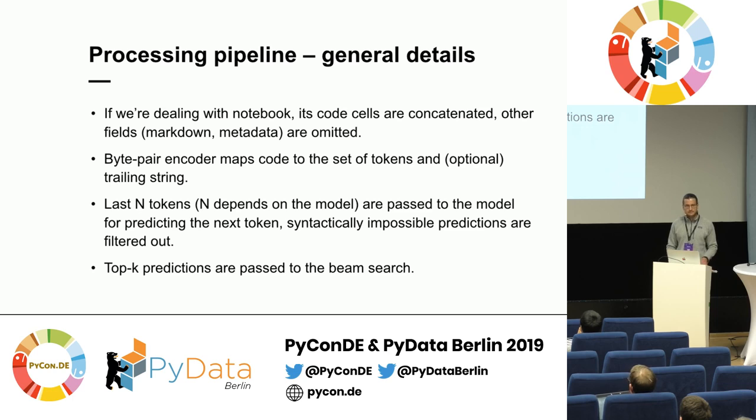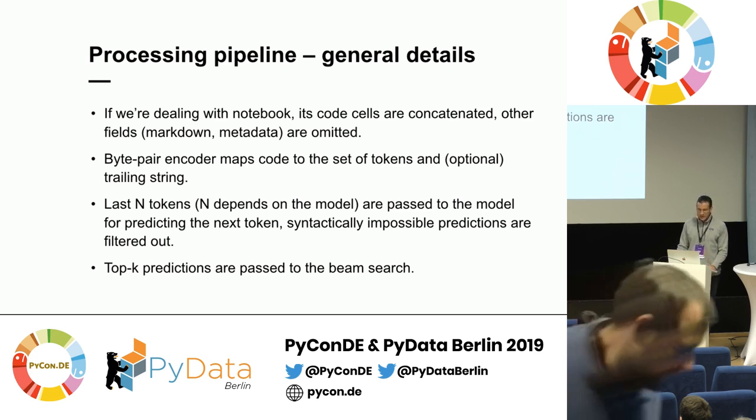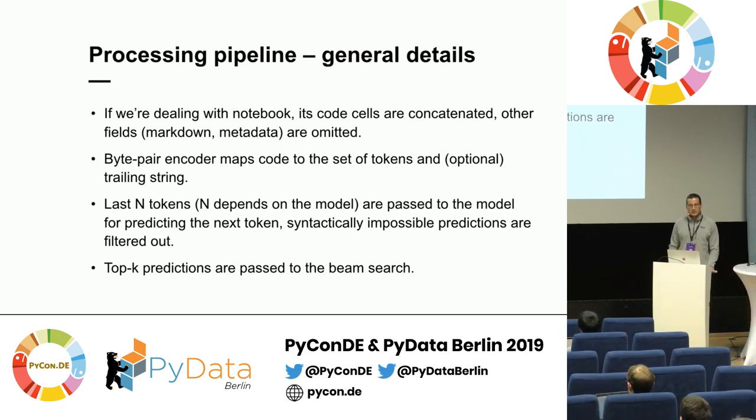We also try different models and different values of n at this step. And on the last step, we use the top k predictions to get the list of probabilities for the next line of code or next piece of code.